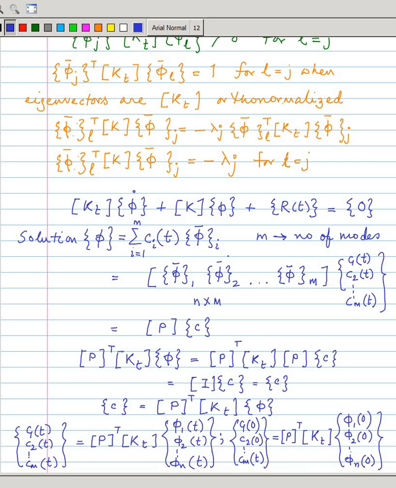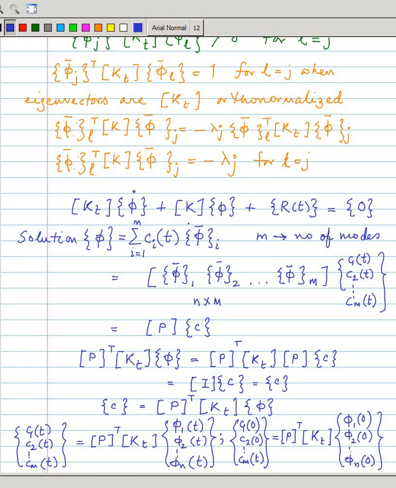This is not a constant, this is the coefficient multiplied by the eigenvectors. Some coefficient multiplies the first eigenvector, the second coefficient multiplies the second eigenvector, plus the third coefficient multiplies the third eigenvector, and in this way it continues.